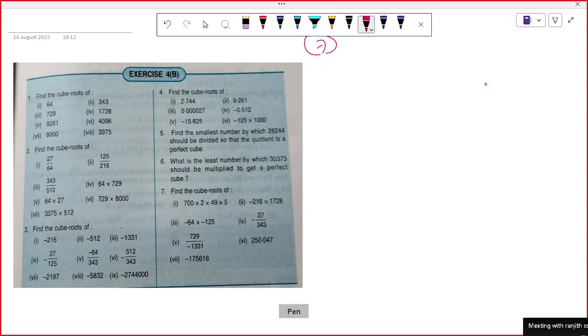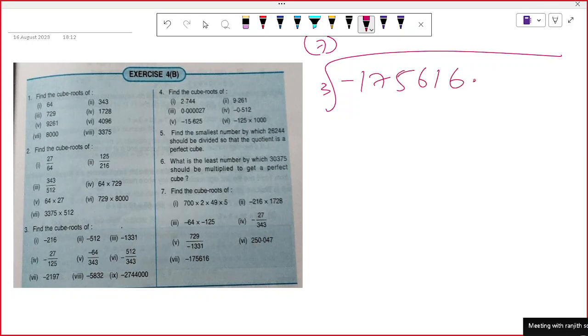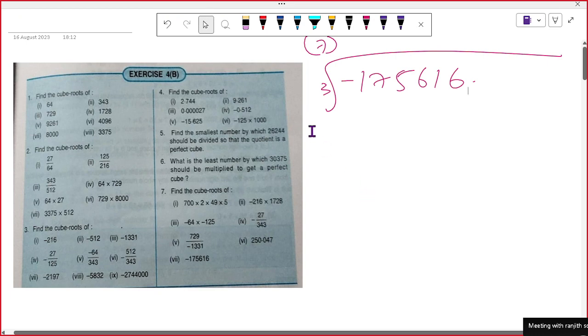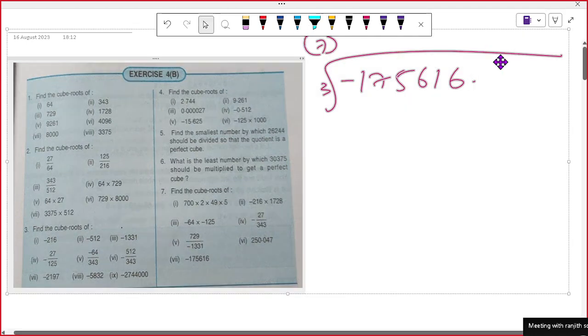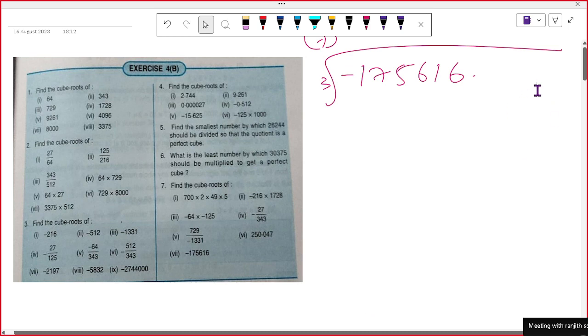Okay, try this. Try one question. Find the cube root of minus 1756. Which method do we use, Mariana? Prime factorization.